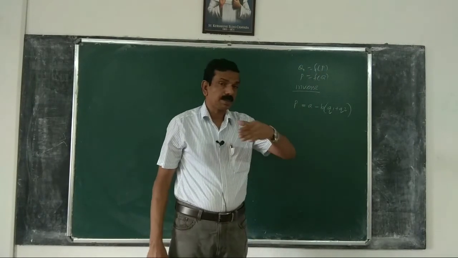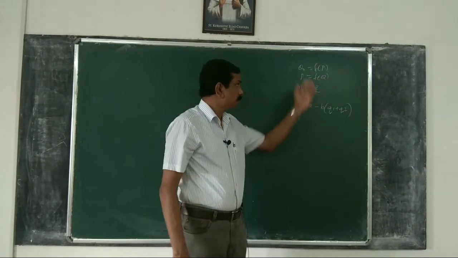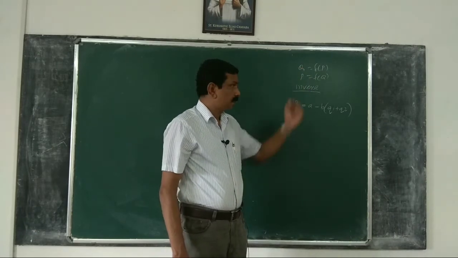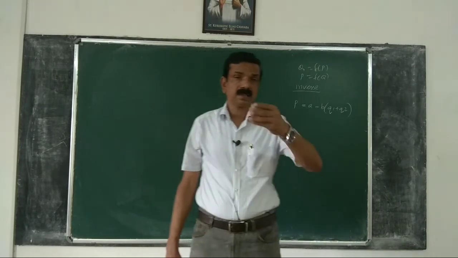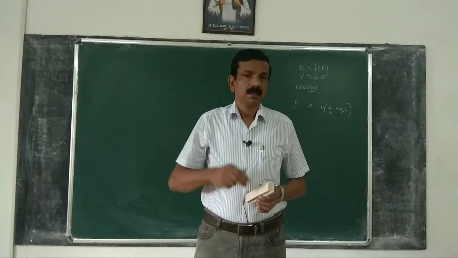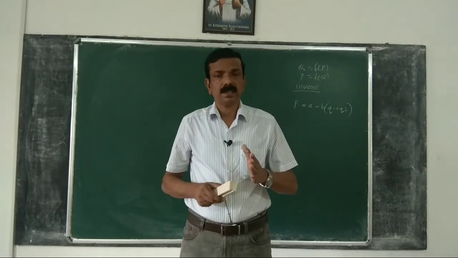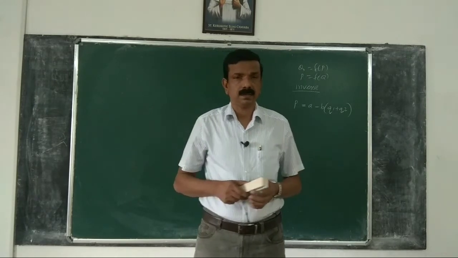From the perspective of a producer, P is a function of Q. That is, this is the inverse of this. And for any function, its inverse exists if the function is monotonic. In a non-mathematical sense, monotonic means the function either increases continuously or decreases continuously.